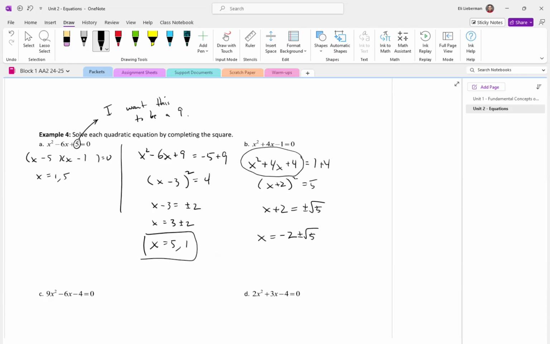Could you just check in about terminology for what I just circled? What's the best name for that expression right there? Quadratic.